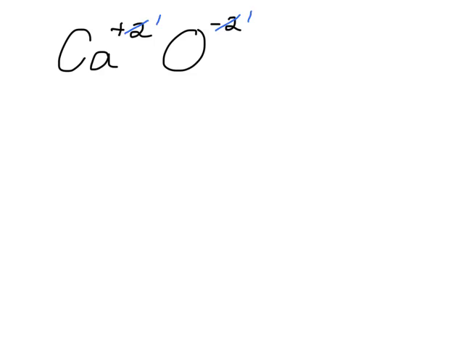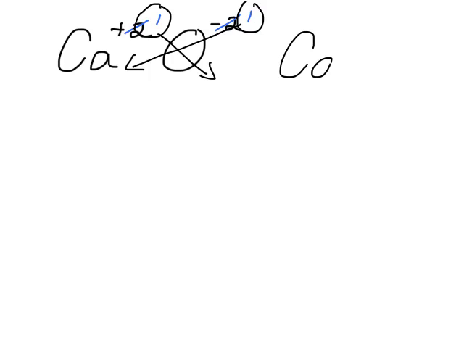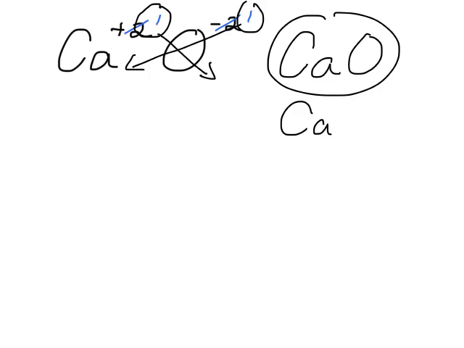And what we have then is that the 1 becomes a subscript, and this one becomes a subscript. But again, we don't have to write the number 1, so we're simply left with CaO. This is the correct formula, not Ca2O2. I think it's best to reduce your charges before you do the crossover. That will eliminate some problems later.